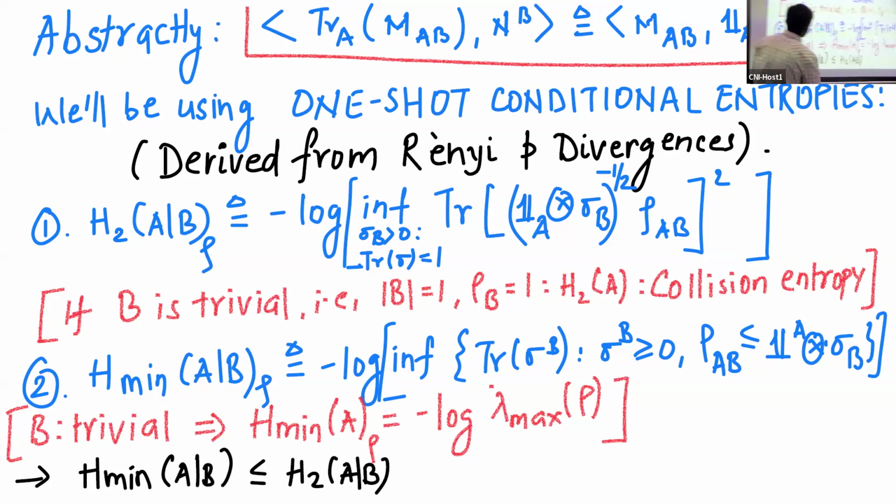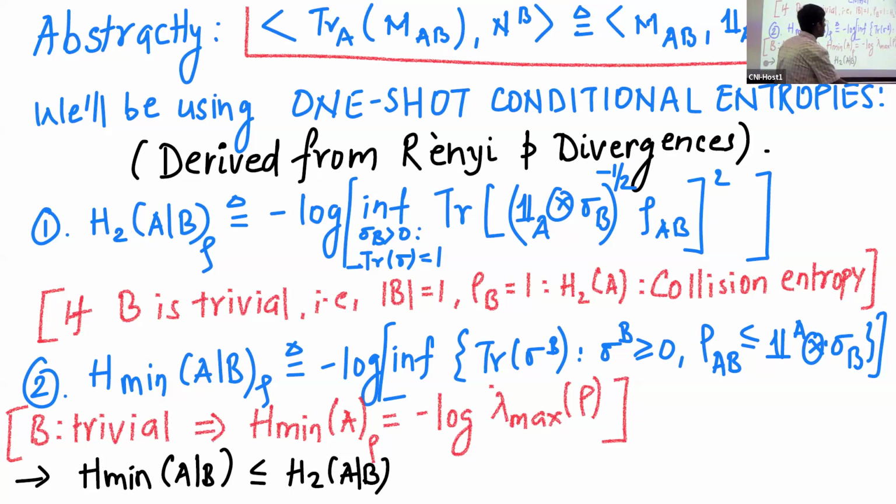Another entropy that we'll be working with is the conditional min entropy of A conditioned on the system B, evaluated over the state rho AB. This is defined as negative log of the maximum eigenvalue of rho. An equivalent characterization is a minimization over all the marginals sigma B on the system B, such that sigma B is greater than or equal to 0 and rho AB is less than or equal to identity on A tensor sigma B. When I compare two matrices, I mean that the difference of the two matrices is positive semi-definite.